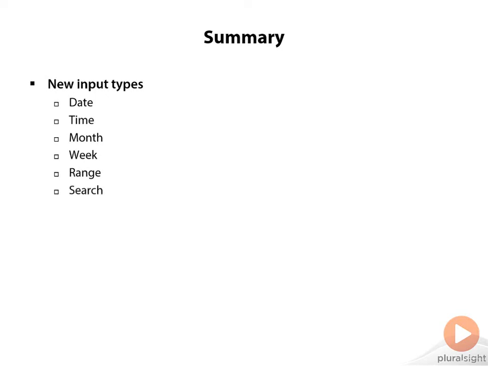We looked at search, telephone, email, which you will remember does check to make sure we have a valid email form, color, the color picker. We also looked at a data list and how to create that with an input box, and we looked at the progress and meter controls.